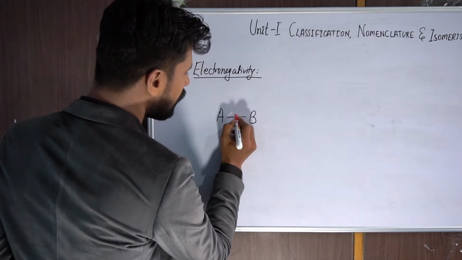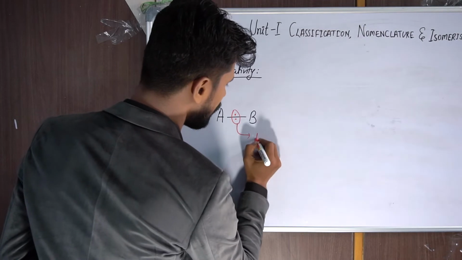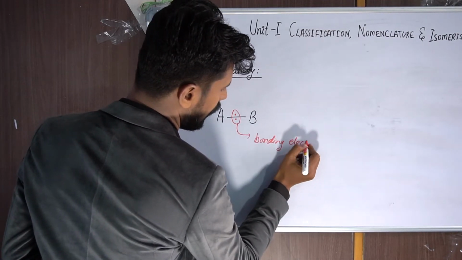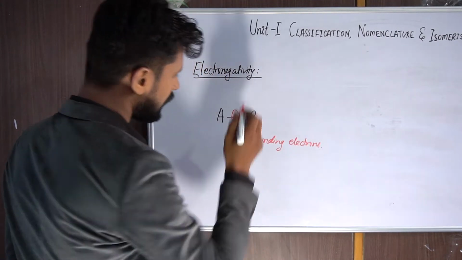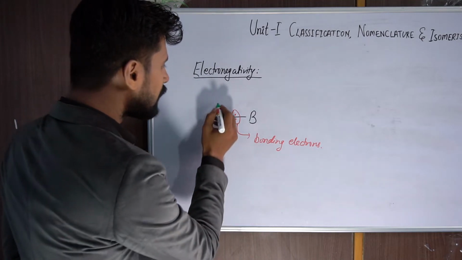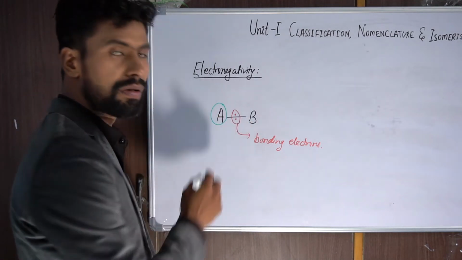So these electrons are called bonding electrons.